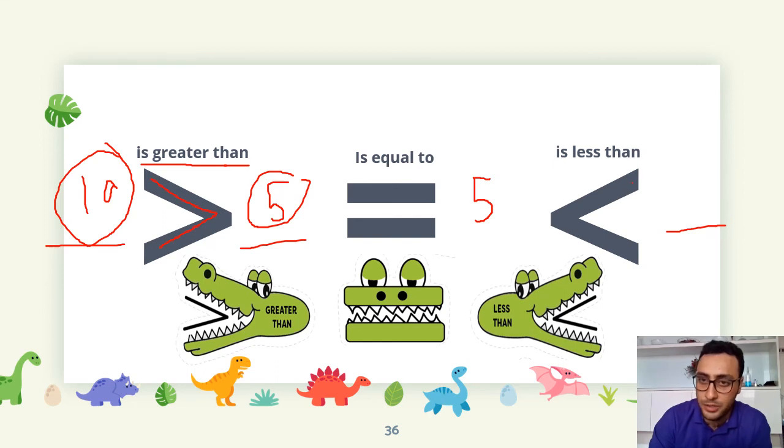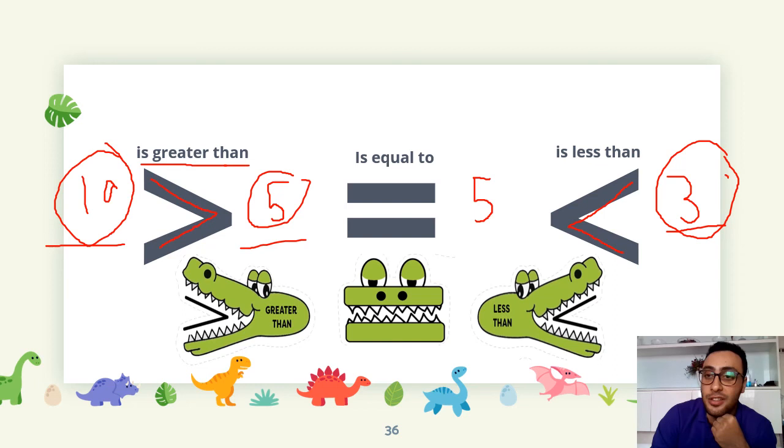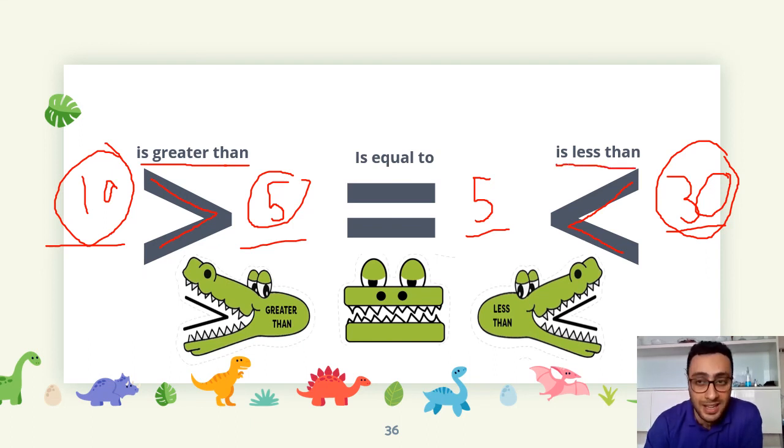Remember, the crocodile is eating the bigger number, and this one should be a big number. Can you think of a number bigger than 5? Yes, let's say 30. 30 is a bigger number than 5. So we say 5 is less than 30. Okay, so now you know.